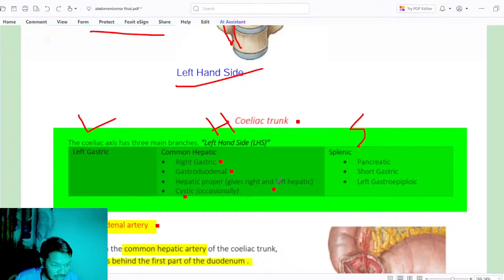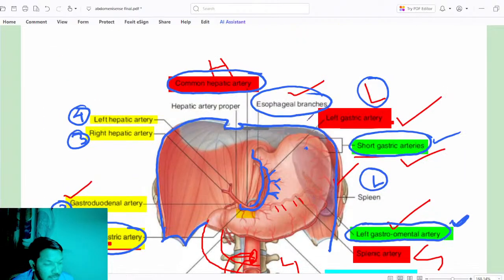Now we can see here the left gastric artery, common hepatic artery. We have the branches: right gastric, gastroduodenal, hepatic proper, and splenic from the celiac trunk while traveling up to the spleen. Here is the pancreas, right?